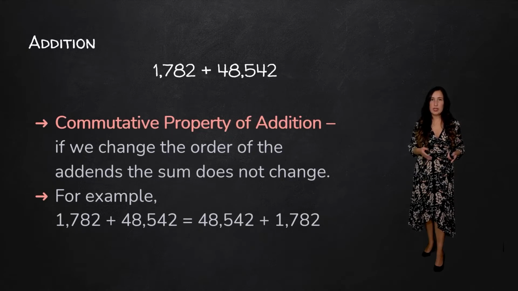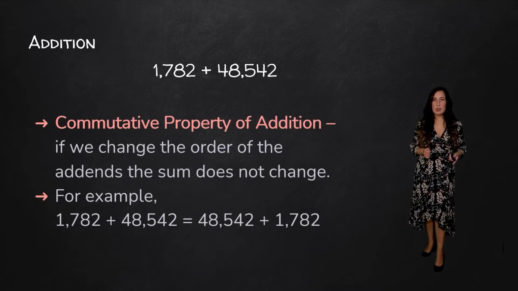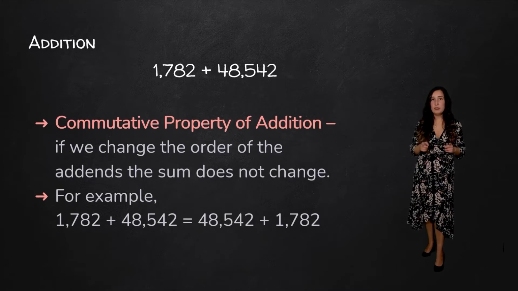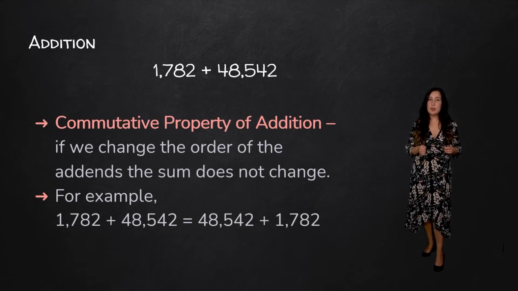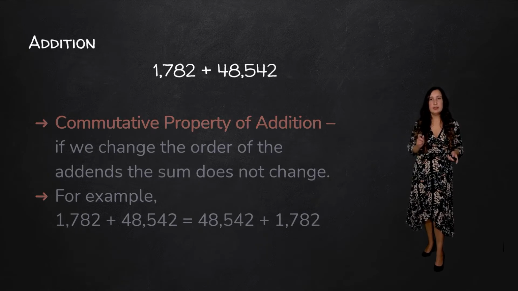So 1,782 plus 48,542 should equal the same as 48,542 plus 1,782. So if we switch them in addition, this property, the commutative property of addition, tells us that our answer will still be the same. So let's see if that's true.